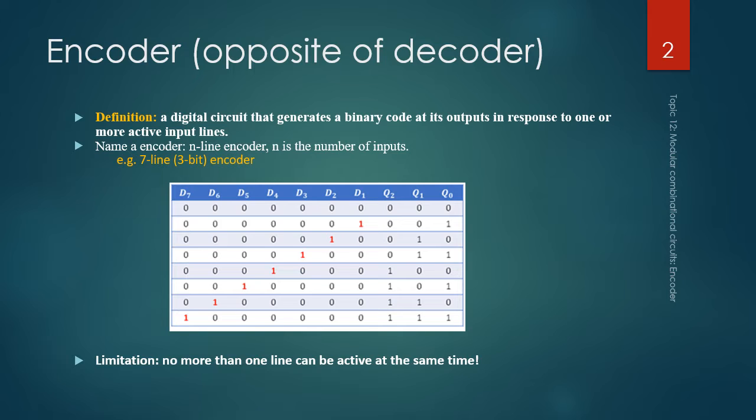Okay. So the truth table for this 7-line encoder looks like this. At each time we have only one or no input active, and based on which input is active, we can generate a binary code to represent that state.